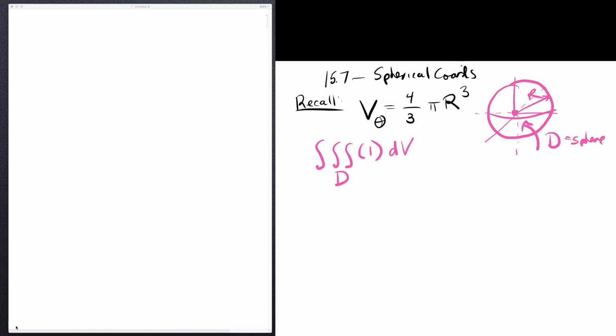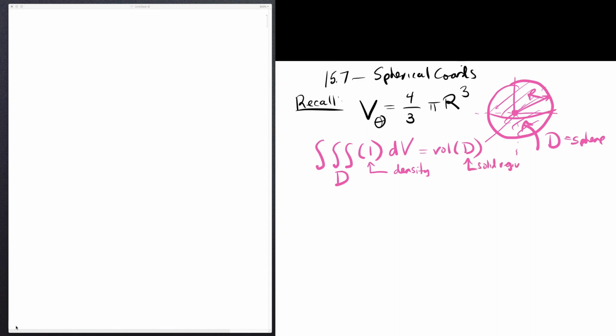So this is a solid region that we're trying to integrate over. Because we are integrating the function 1, we're thinking of the density of this sphere being the same density 1. So this triple integral computes the volume of the solid region D.